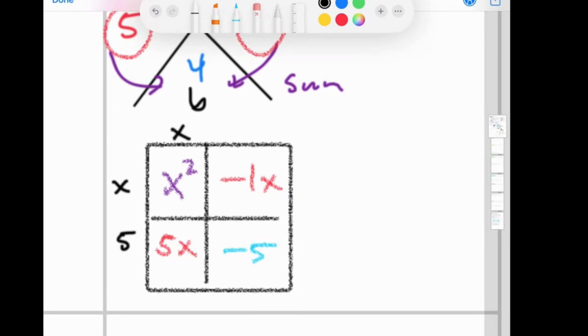They have an x in common, and negative 1x and negative 5 have a negative 1 in common. And the cool thing about this is you can use this to actually check your answers. X times x equals x squared. X times negative 1 equals negative 1x. X times 5 gives you 5x, and 5 times negative 1 gives you negative 5.